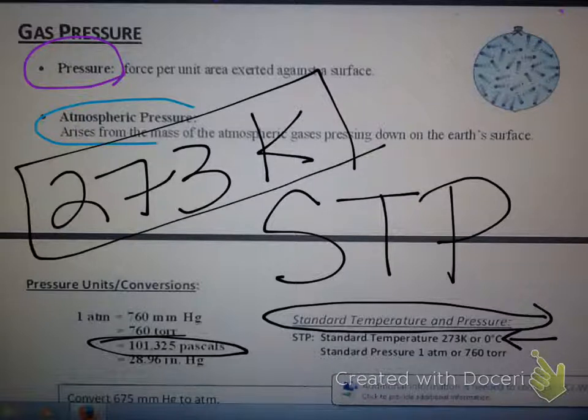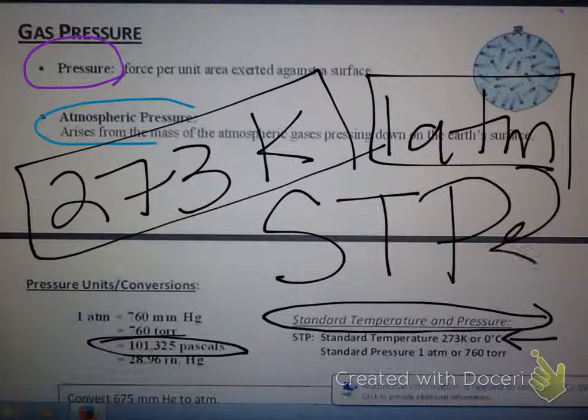What is the standard pressure we work at? Well, it's sea level. It's 1 atmosphere of pressure. 1 atmosphere of pressure is our standard pressure, that equals 760 torr, 760 millimeters of mercury, or 101,325 pascals, but 1 atmosphere of pressure.